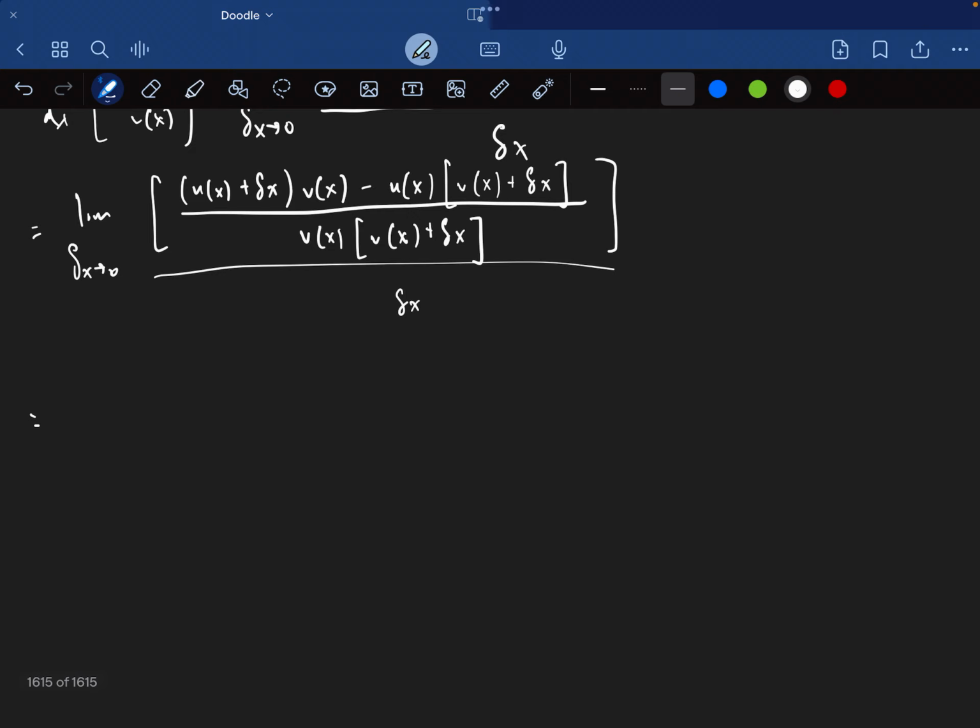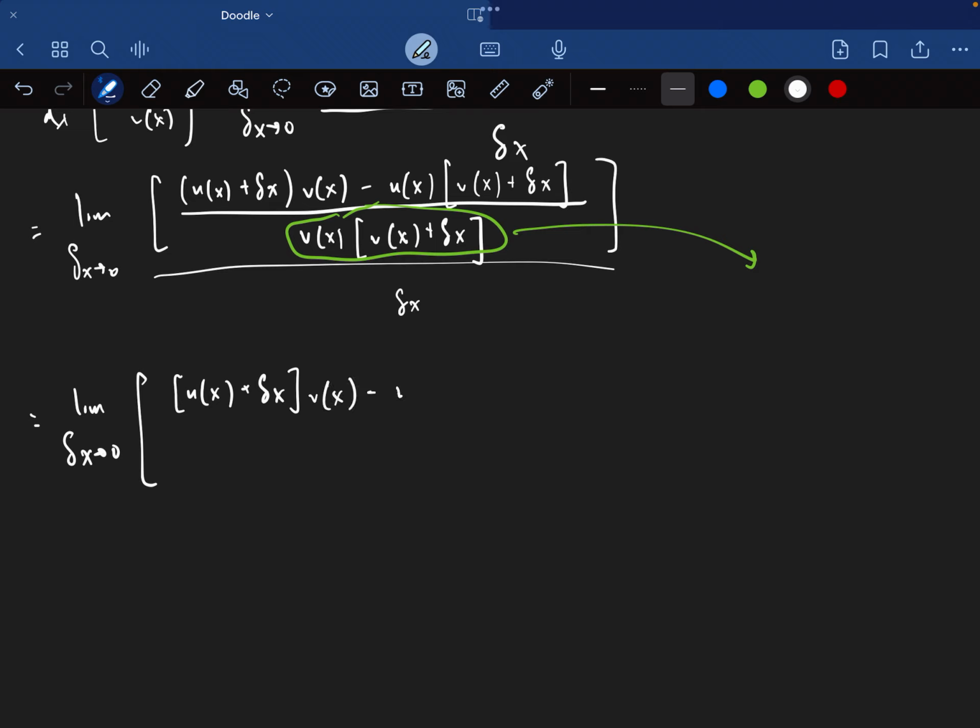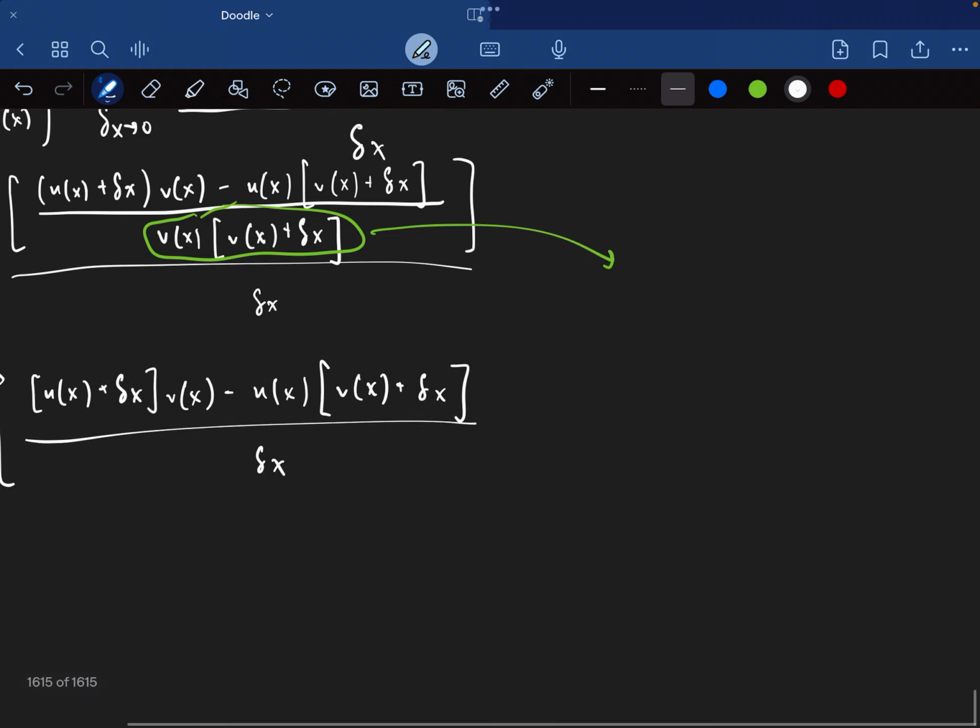Right, so in here it looks complicated. So actually what I would do is I will move this thing out into another space, so it will look like this, delta x. And then because this has been taken out, it has been simplified into just this top numerator. So it will actually become u(x plus delta x) v(x) minus u(x) v(x plus delta x), and then this.